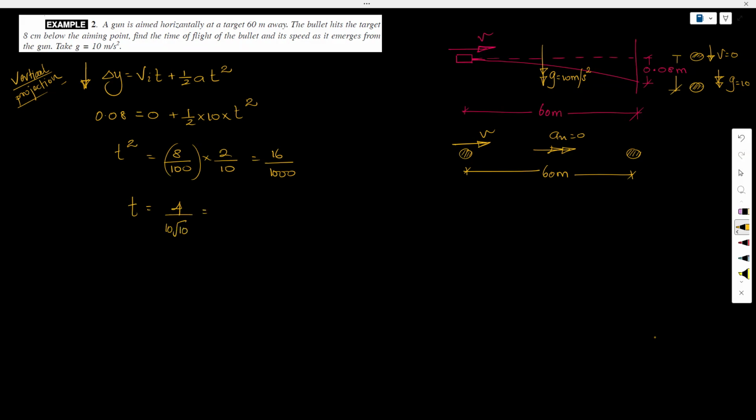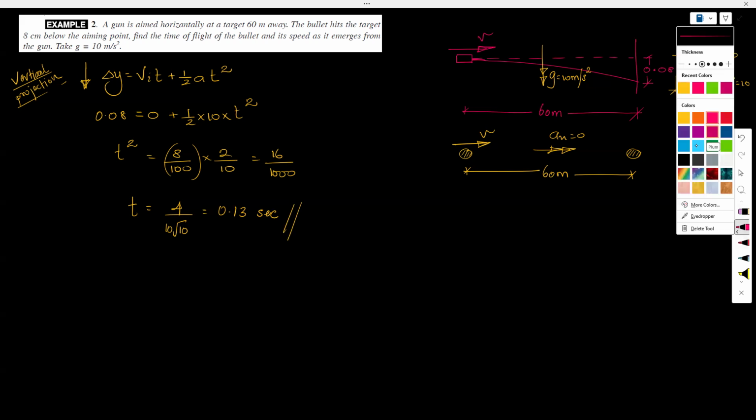Or you can simply put that in your calculator and you can get the answer. It is the square root of 16 divided by 1000, which is 0.1264. So it's 0.13 seconds. So that's going to be the time of flight.